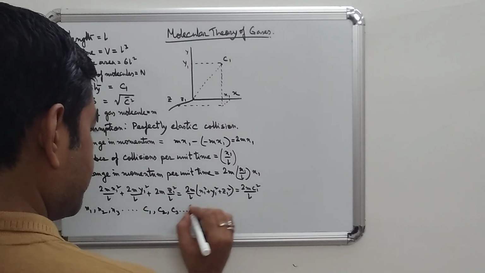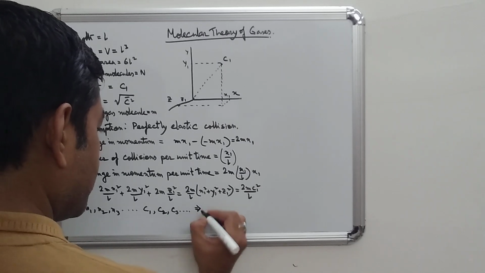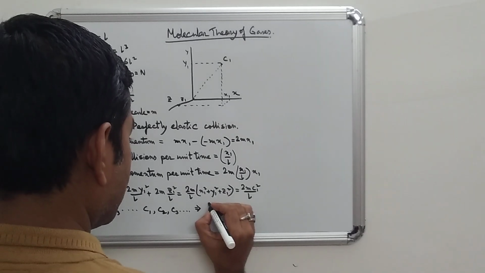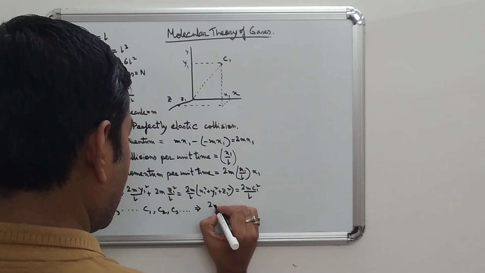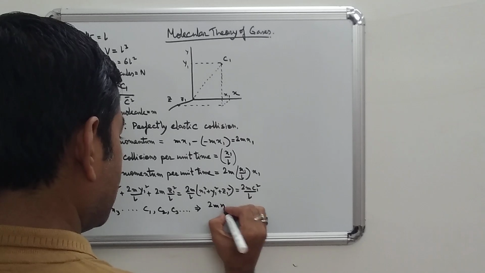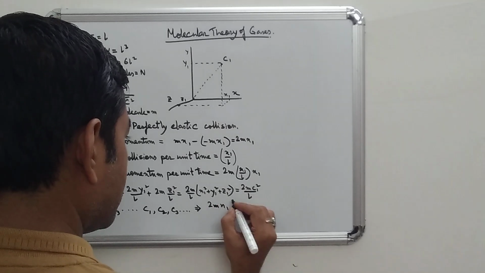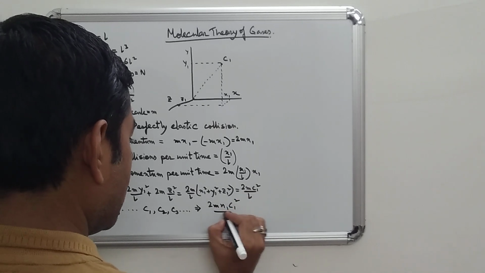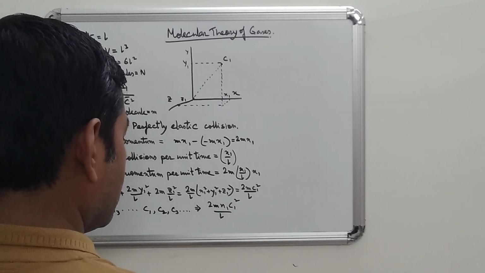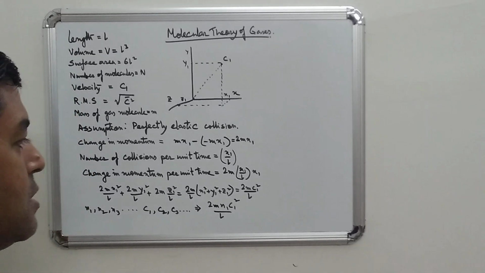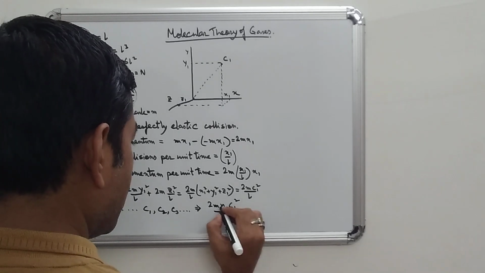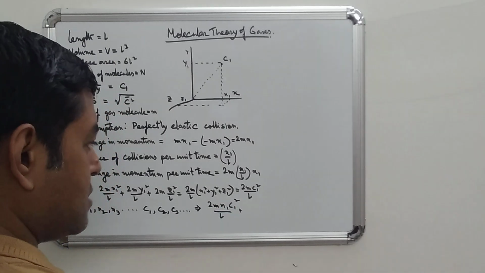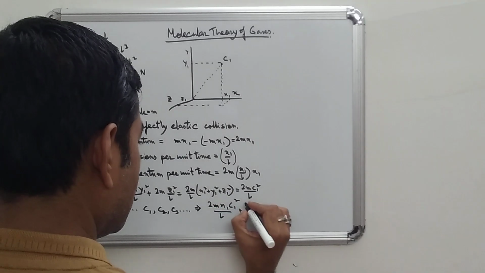So, what we will count is 2m n1 c1 square by L, which is the actual change in momentum per unit time for the n1 particles having corresponding velocity c1 at that time instant.